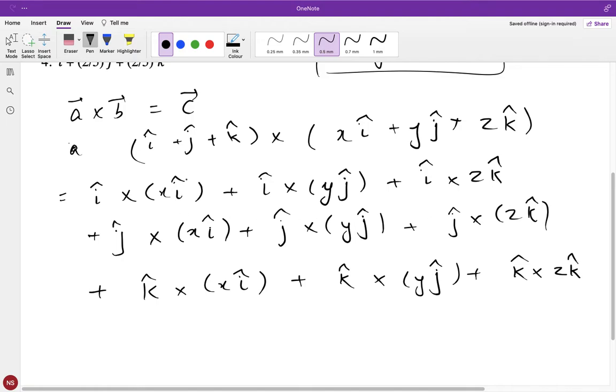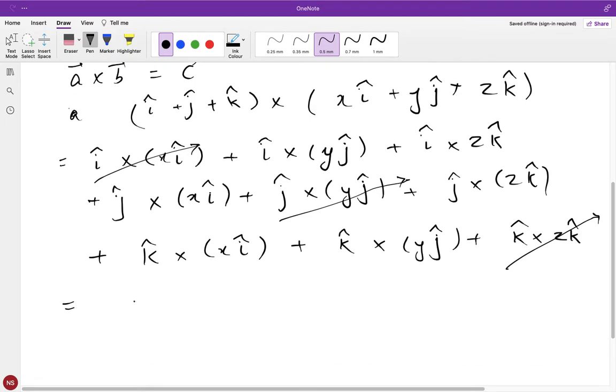Now i cross i is going to be 0, right? So this is 0. j cross j is going to be 0 and k cross k is going to be 0.